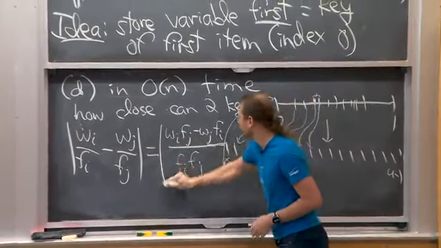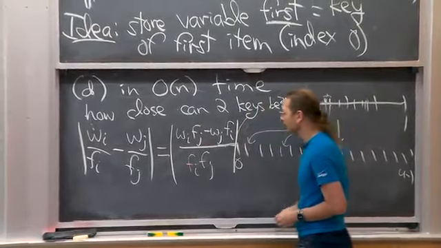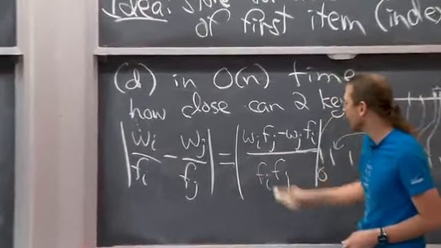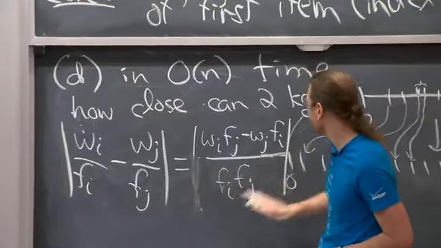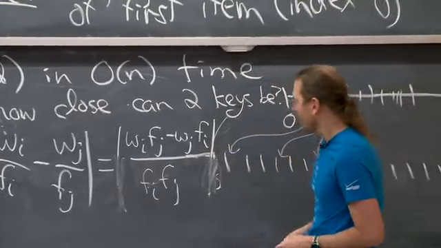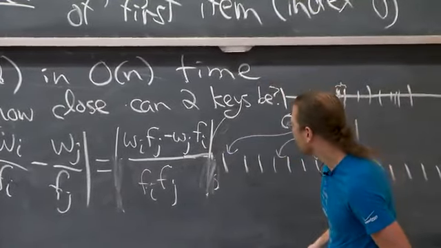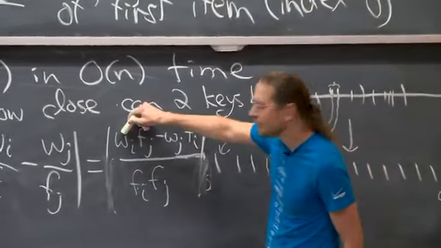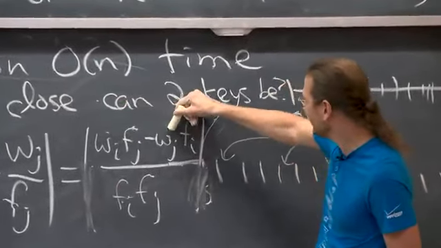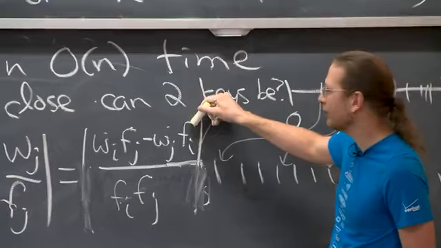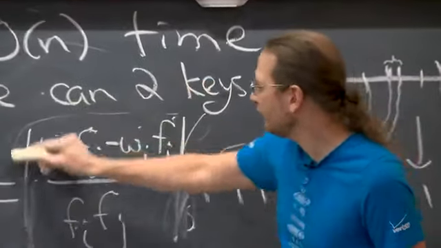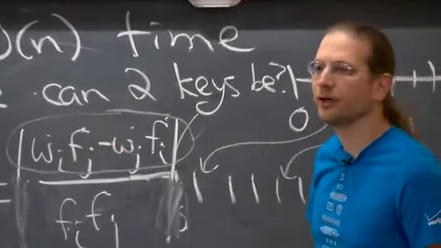Cool, so with some absolute values, same thing. Maybe these are non-negative, so I can actually just put absolute values on the top part. And okay, wi is an integer, fj is an integer, wj is an integer, fi is an integer. All greater than or equal to 0. So this thing is an integer.